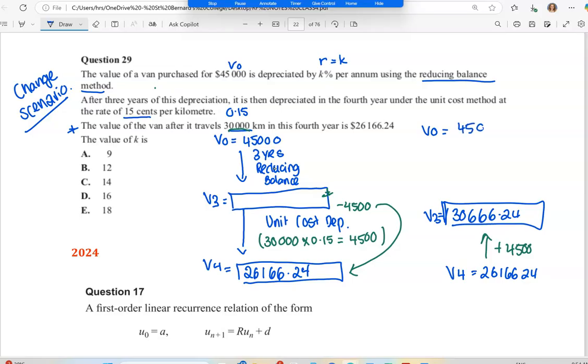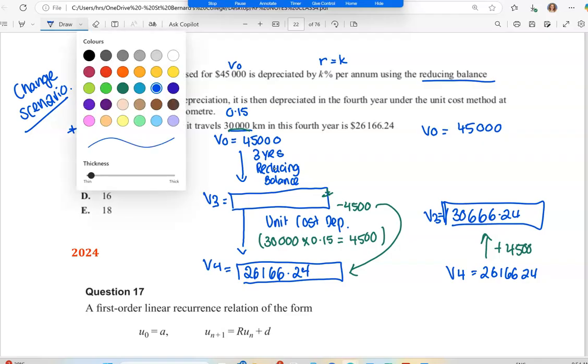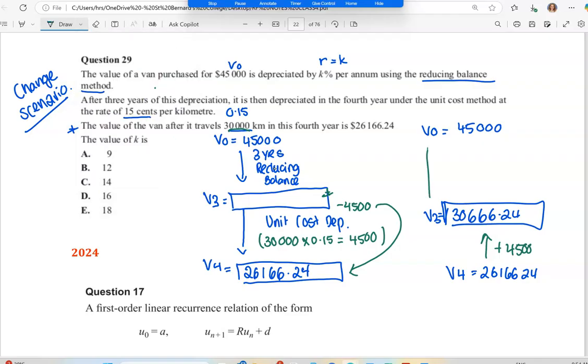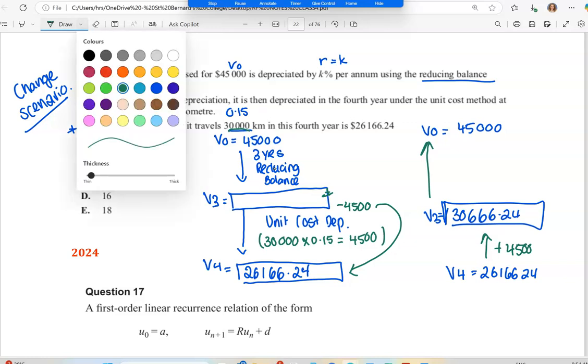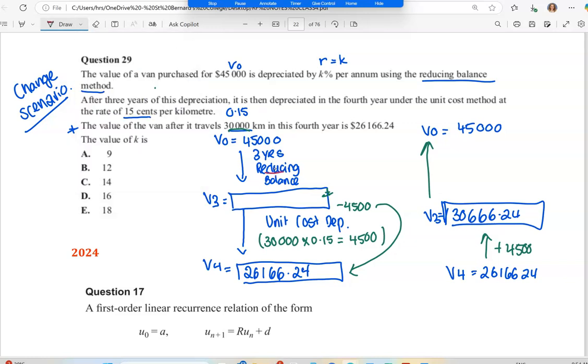So within this part, it went back to that, but we had the reducing balance method. I know two values, so I'll pop in the nth term formula. Remember, the nth term formula for reducing balance is r to the power of n times V0, and we have a formula for r.